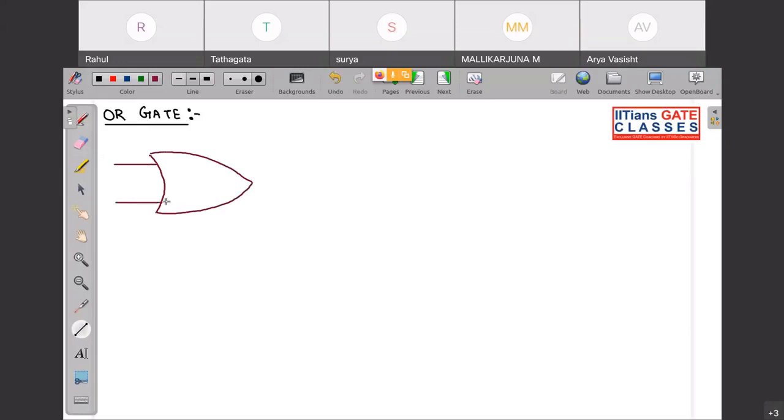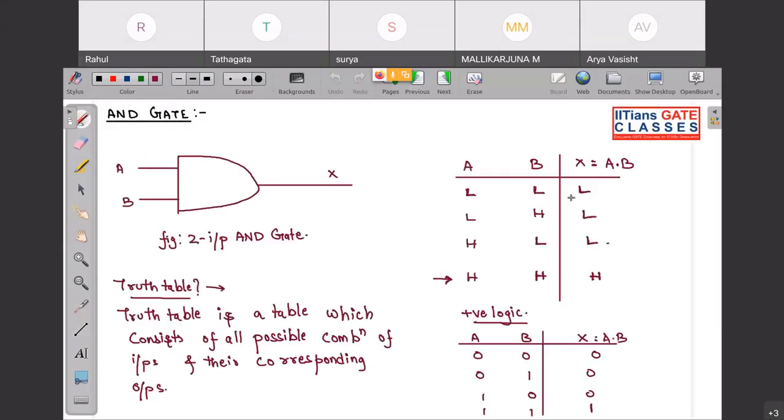The symbolic representation of the OR gate is something like this. I should have told you that this is the logical expression: x is equal to a dot b. This is the logical expression of the AND gate.